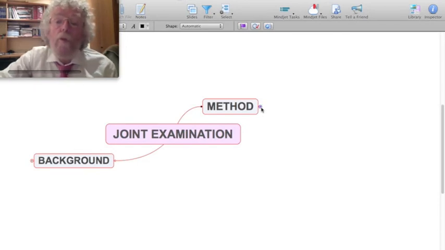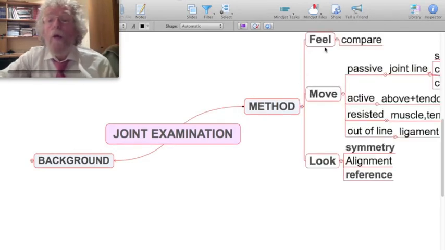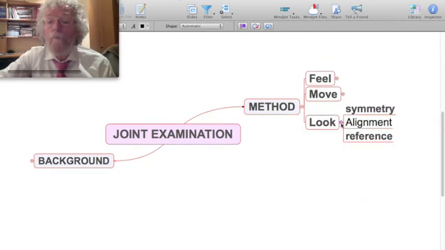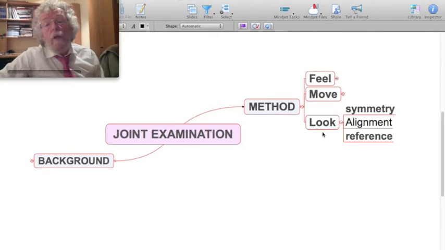Then there's the method, and there's quite a simple method. It's look, feel, move. So one looks at the joint.